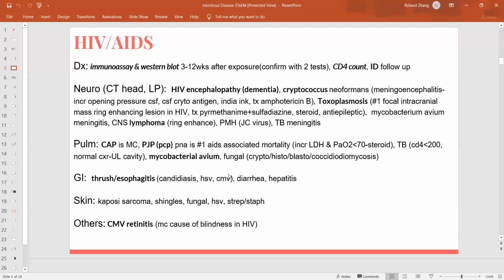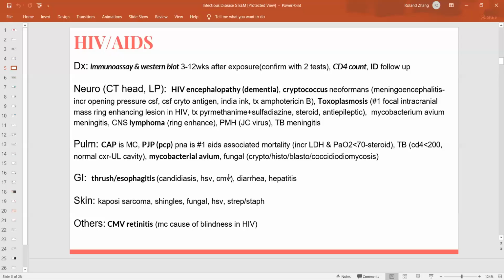So HIV and AIDS, HIV is the virus and AIDS is the syndrome. It's multi-organ. For neural, it can cause encephalopathy, dementia, the HIV and dementia. The cryptococcus depends on what the CD4 count is. Toxoplasmosis, and generally when you get a CAT scan with IV contrast, you will see the ring enhancing lesion.